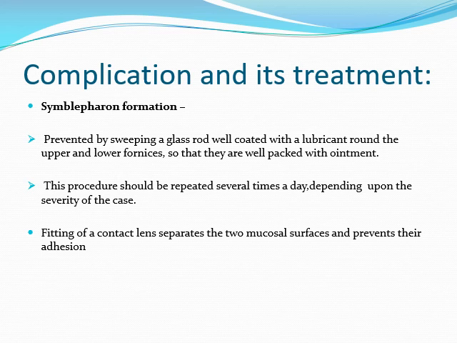This procedure should be repeated several times a day depending upon the severity of the case. A fitting of a contact lens separates the two mucosal surfaces and prevents their adhesion. So bandage contact lens will prevent again the adhesions between the two mucosal surfaces.